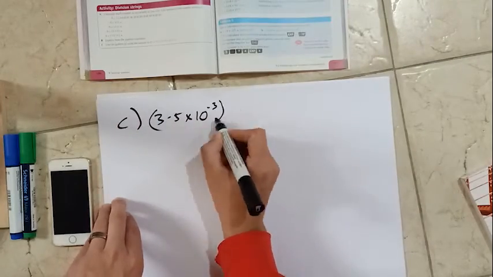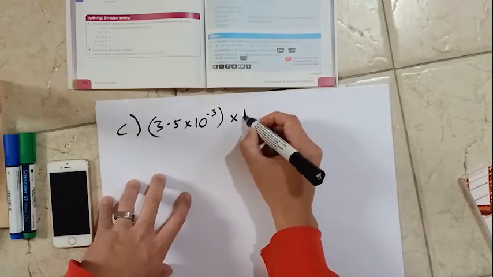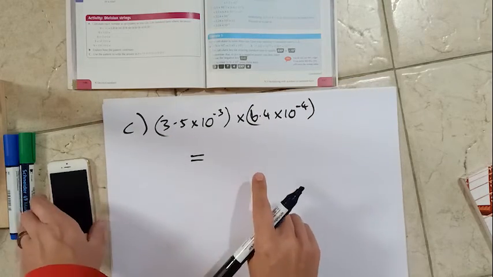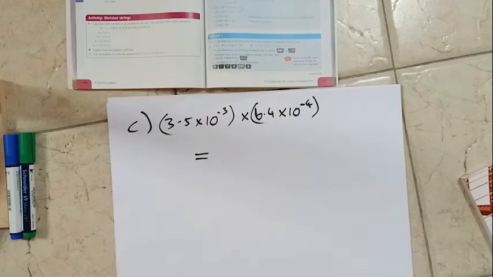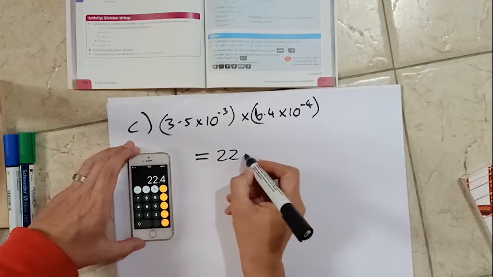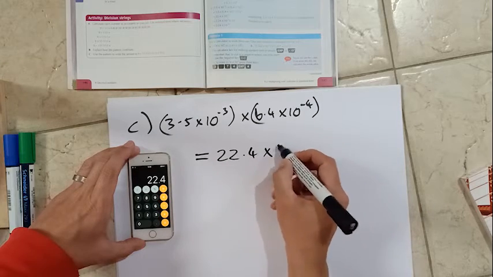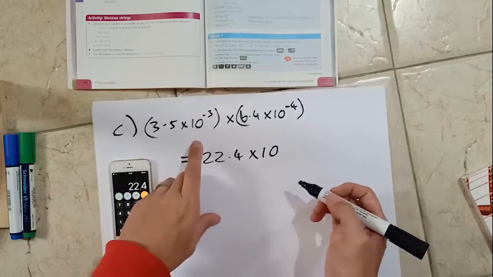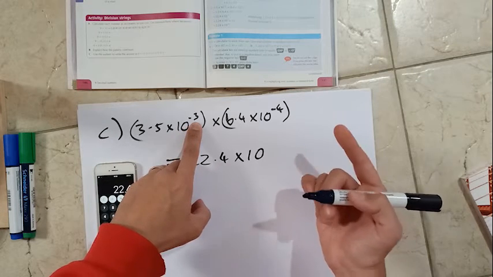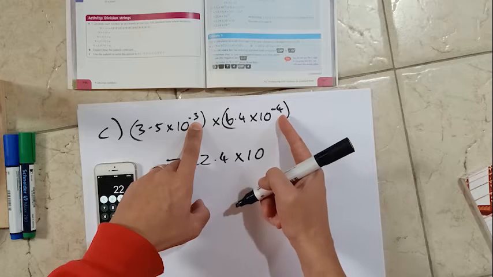Let me do one more example, example C. So we need 3.5 times 6.4, 22.4 times 10 to the, okay, so minus 3 plus minus 4.